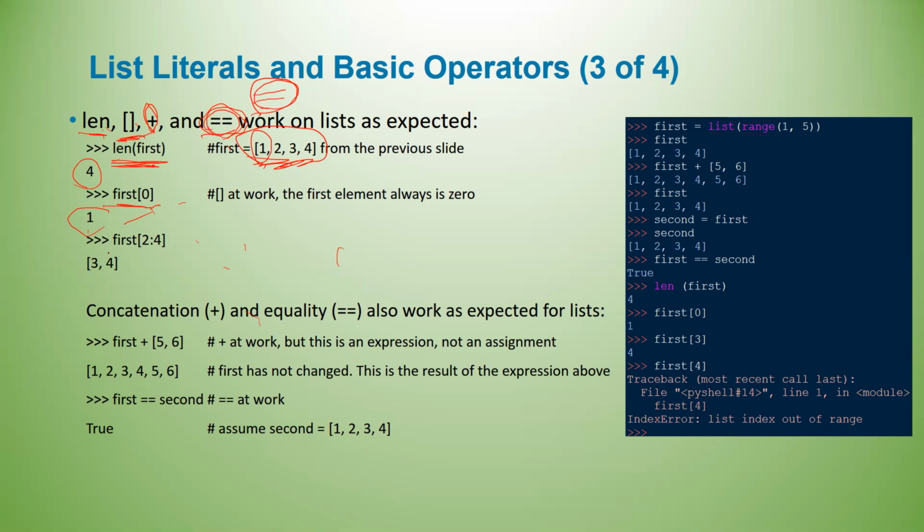Okay, when you use first 2 to 4, remember the second argument is excluded. So it gives you 2 and 3, right? This is 2 and this is 3: 0, 1, 2, 3. So it gives you those two elements. Always remember the second argument is excluded.